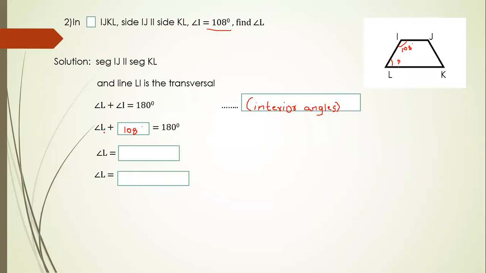Now in the next step, they have written angle L as it is, and then there is an equal to sign. It means this plus 108 is moved from the left hand side to the right hand side in the next step. So here we are going to write 180 degree minus 108 degree.